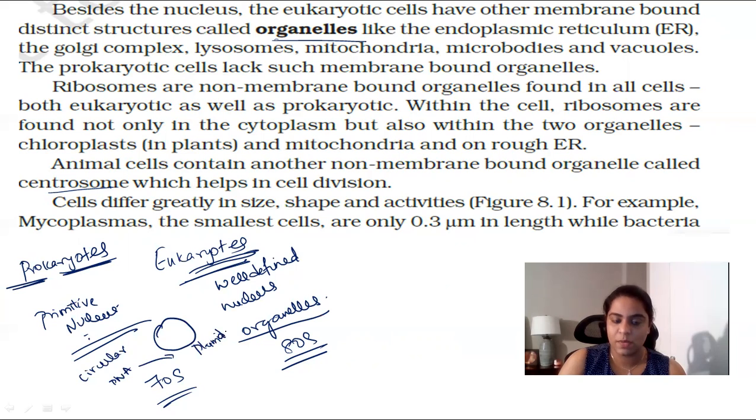The DNA is called a plasmid, and it's a circular DNA with one chromosome, okay? So bacteria, algae, fungi, PPLO all come under prokaryotes.